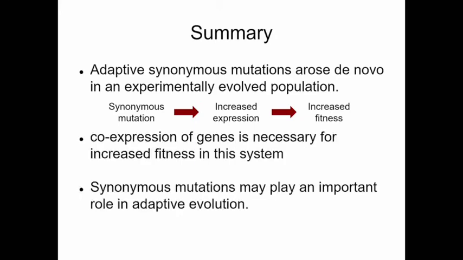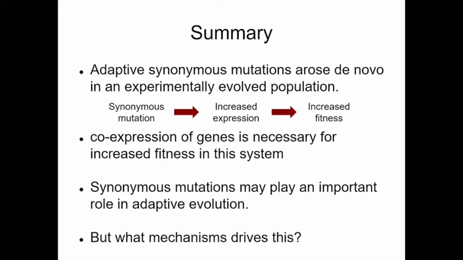Another key thing is that this co-expression of the genes that are part of the operon seems to be a key part of that process. There is more work going on to pick that apart and understand better what's going on in terms of expression across that whole operon. But it's some combination of increased expression across that operon that's important. And so this suggests that synonymous mutations may play a role in adaptive evolution.